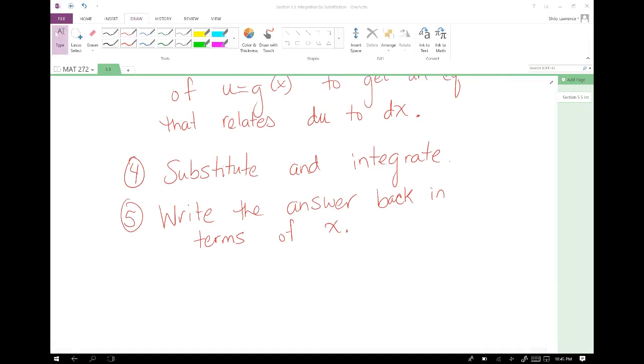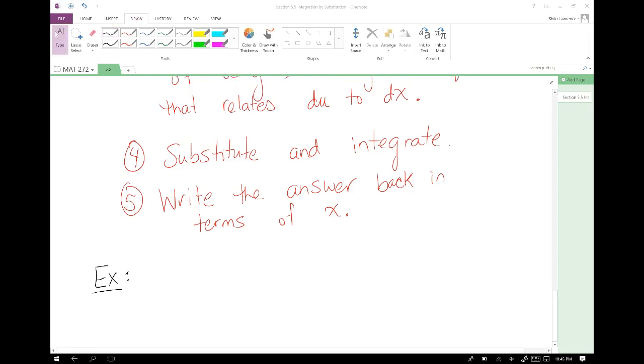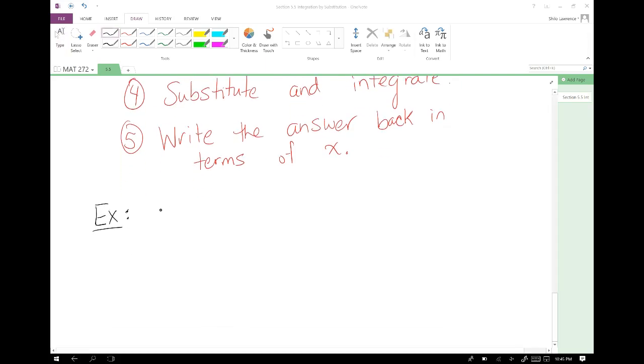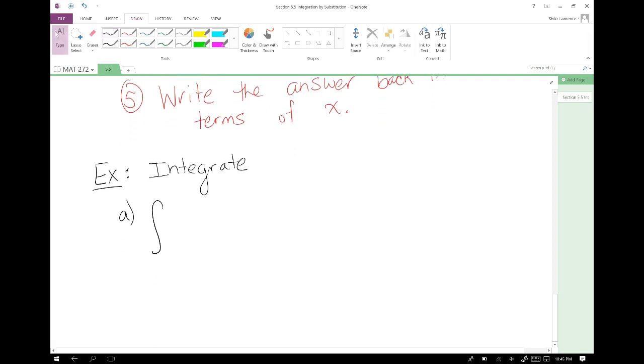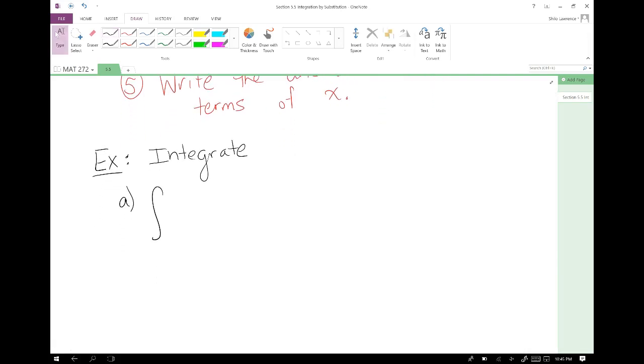All right, so let's actually look at a couple of examples really quick. And the instructions are just to integrate. And the first one that we want to try, we'll keep it pretty simple here to start with.